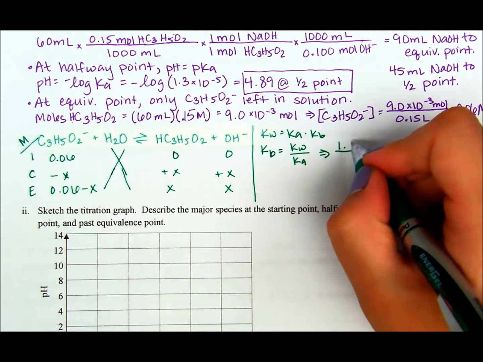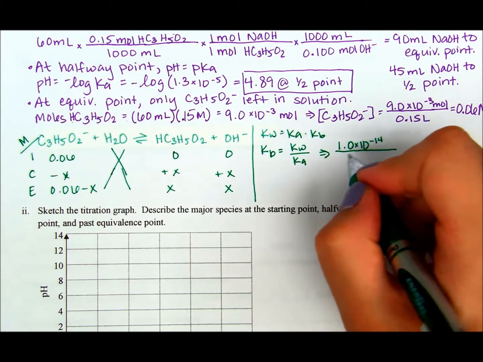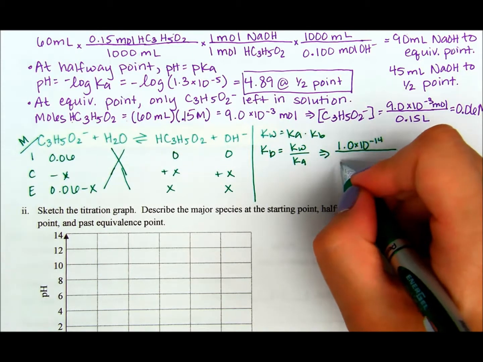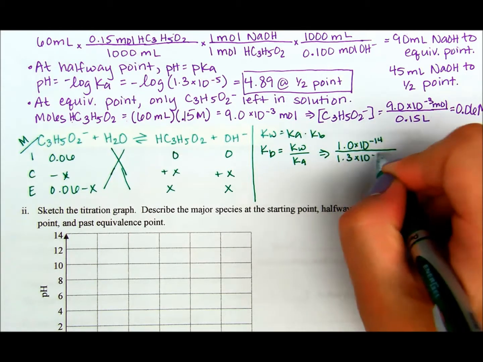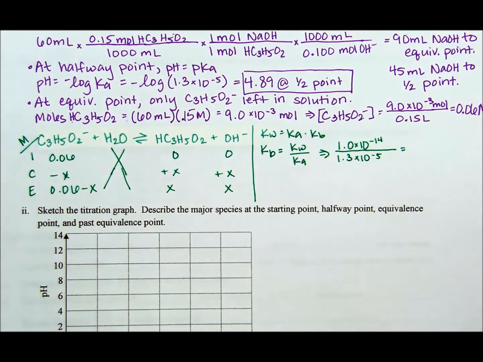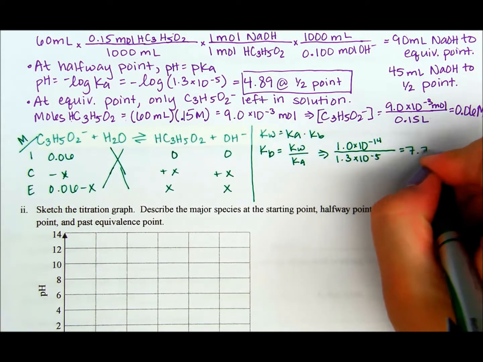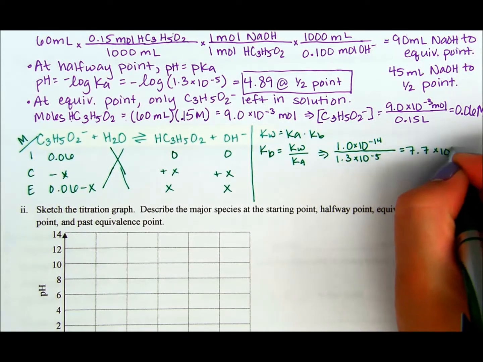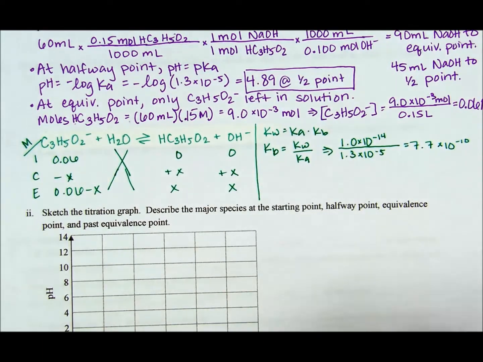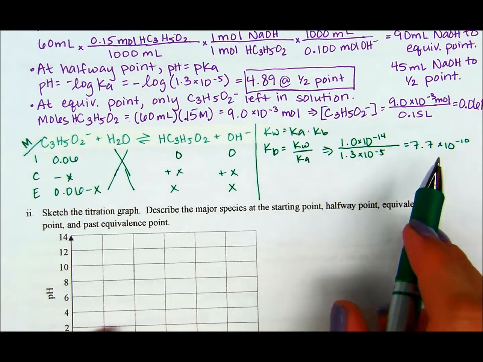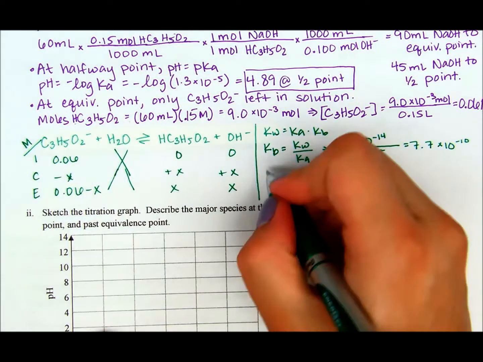Kw is 1.0 times 10 to the negative 14. Our Ka was, let's see, where was that? 1.3 times 10 to the negative 5. And when you plug this into your calculator, you should get that the Kb equals 7.7 times 10 to the negative 10. So that's our Kb. So now that we have our Kb, we can go ahead and write our equilibrium constant expression.